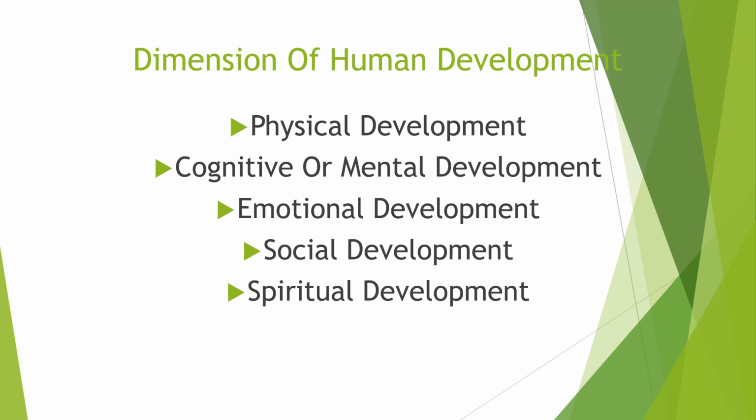Number three is emotional development. Emotional development refers to the development of expression, experience, understanding, and controlling of emotion. The first emotions developed during childhood are joy, fear, sadness, and anger.